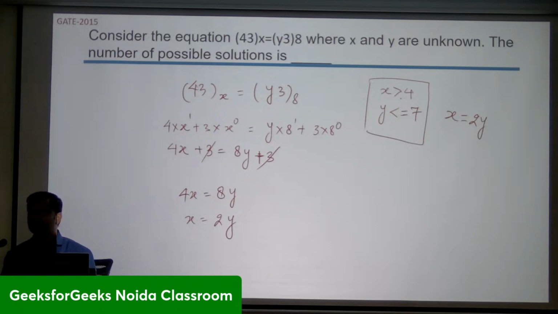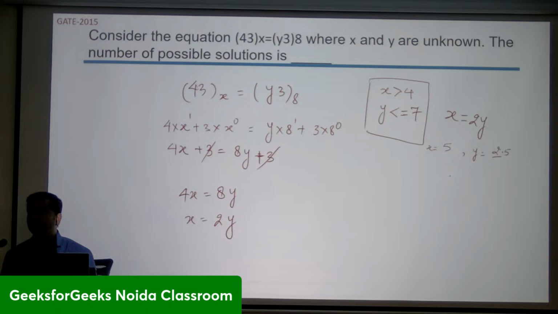Okay, even 4 cannot be taken. Okay, so can we start with 5? Okay, let me have the value of x as 5. If it is 5, then y is 2.5.